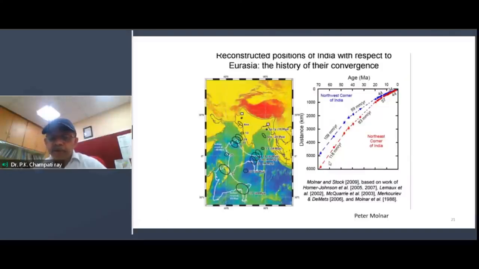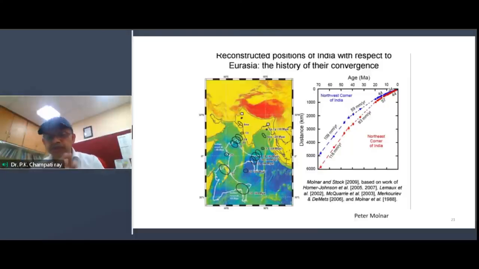We have here, one is the northwest corner of our Indian plate, the blue line, and on the northeast side is the red line. So always the red line, the northeastern part, is actually moving much more than the green line. So this also tells indirectly that we are moving a bit more towards the northeast compared to the northwest.